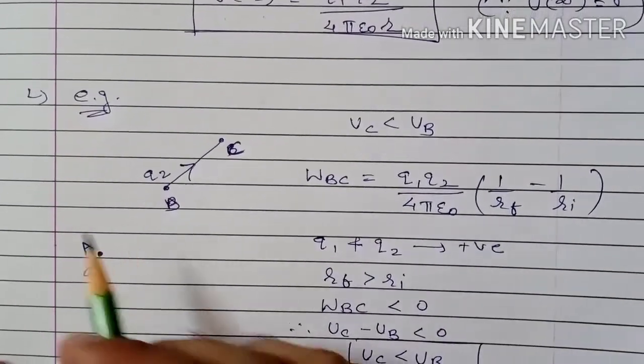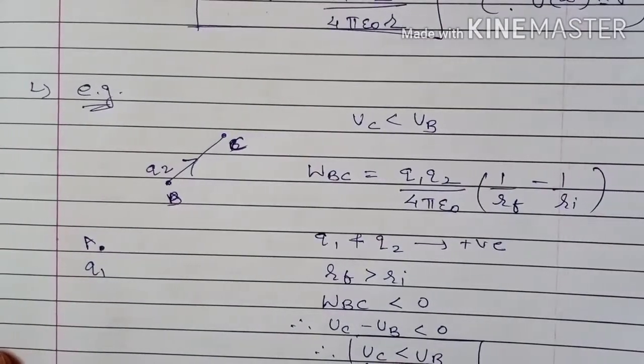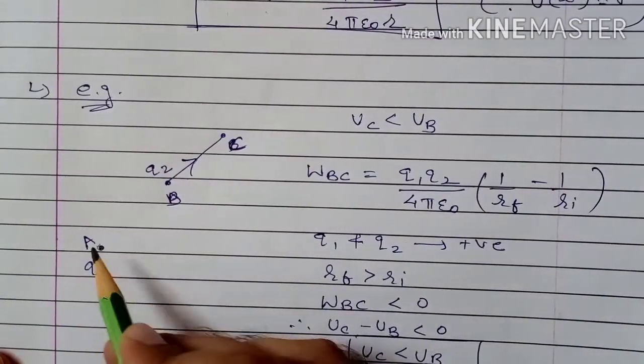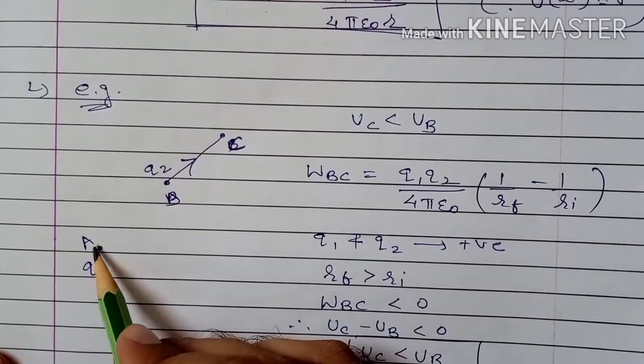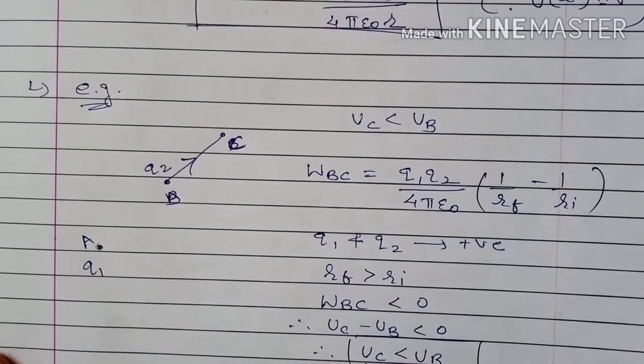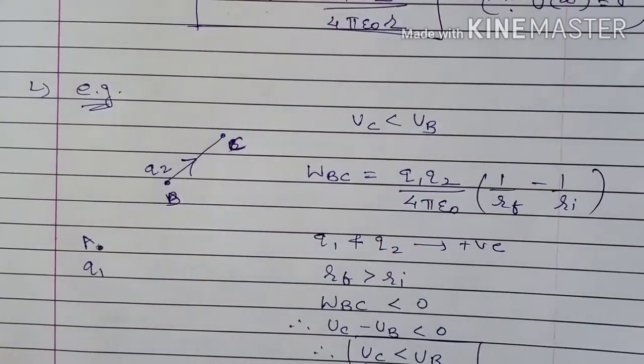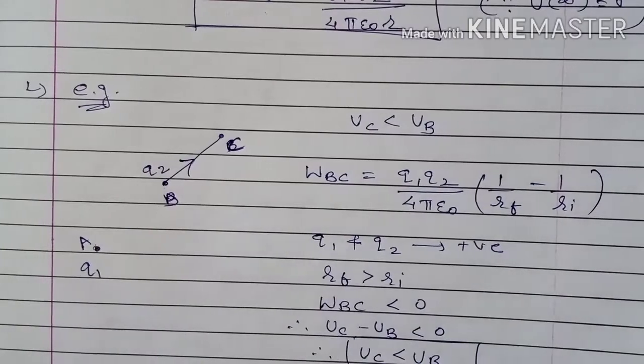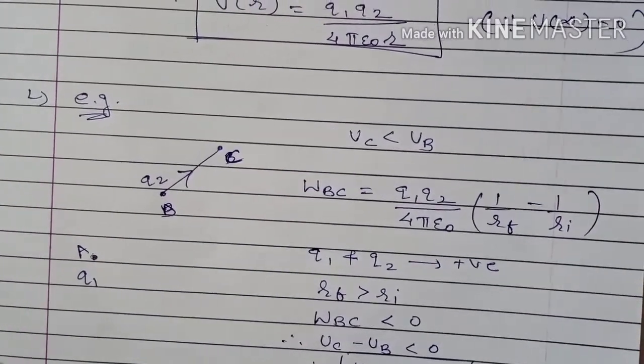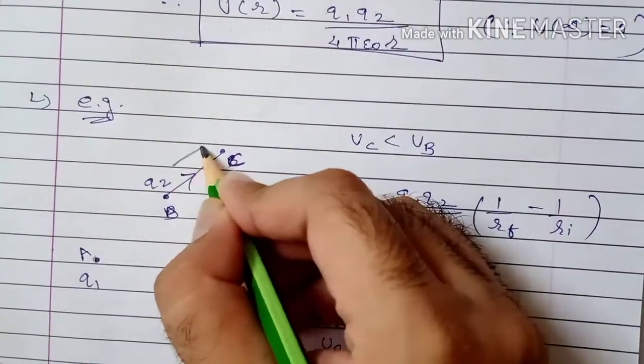For example, if we take this same system, Q1 is fixed at point A and Q2 is taken from B to C. If Q1 and Q2 both are positive, then which type of force will act? Repulsive force.